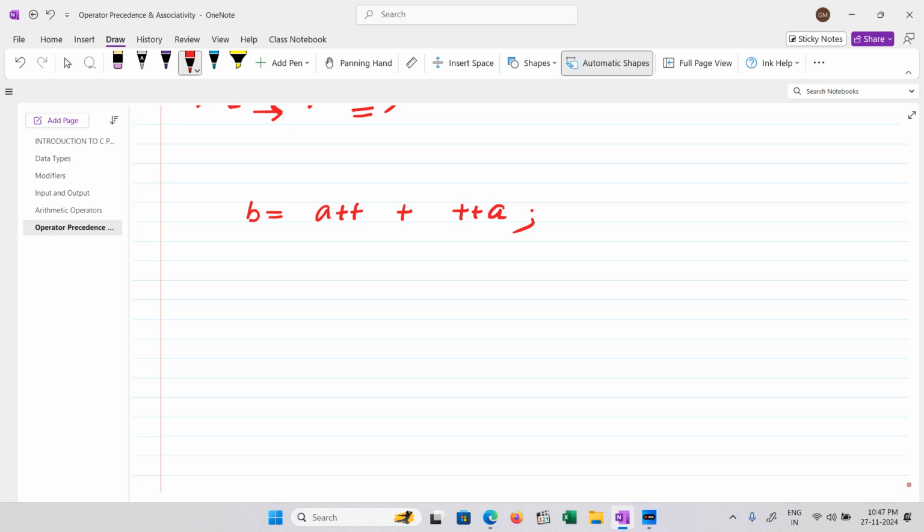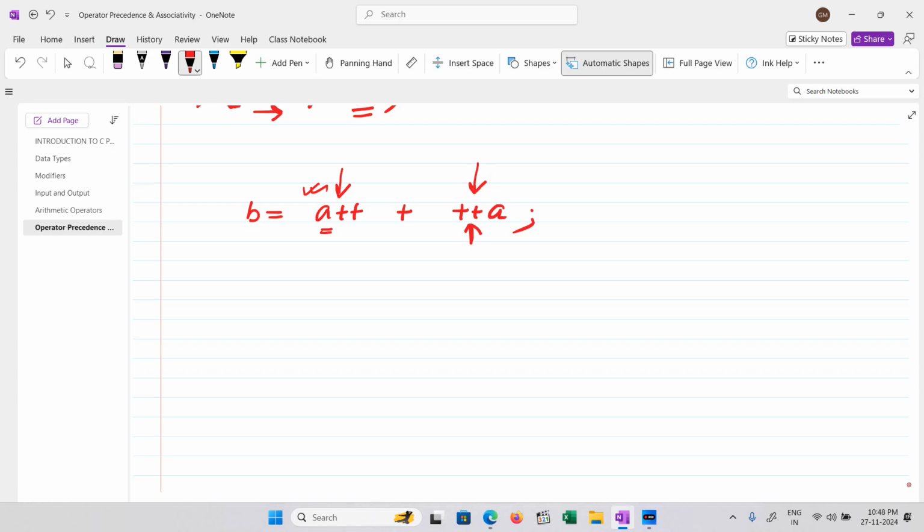Now here post-increment will be applied over the operand a, and in the same expression pre-increment is also applied over the same operand a. If we follow the precedence table, this one is higher in priority and this one is lower. Let's try to solve this based on the table.